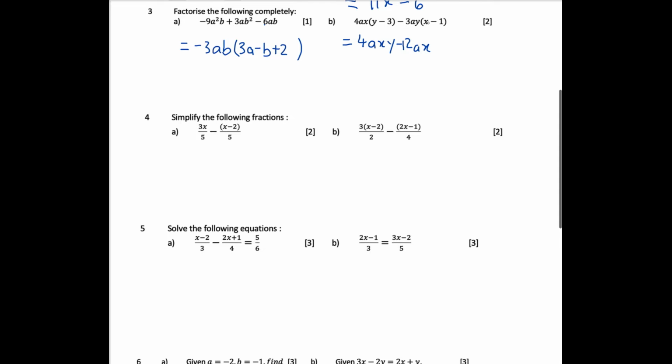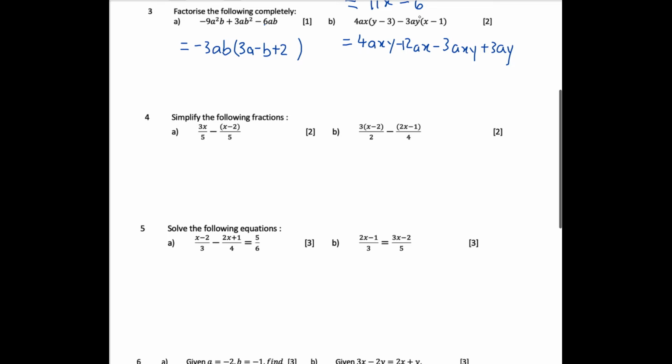Minus 3ay times x is minus 3axy. And minus times minus is plus 3ay times 1 is 3ay.